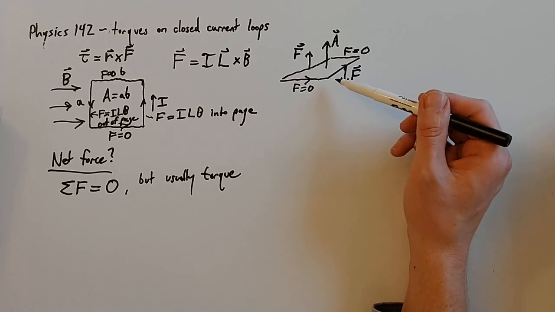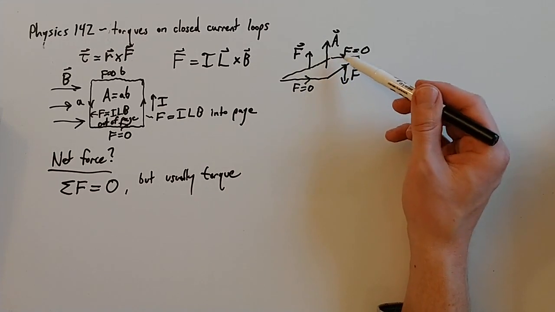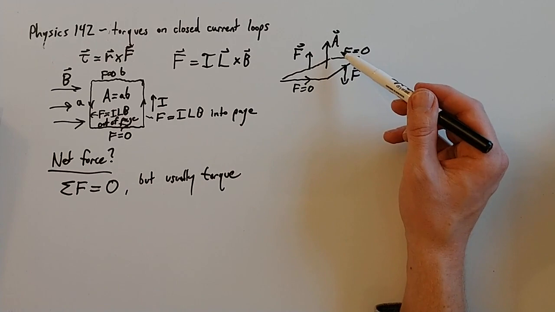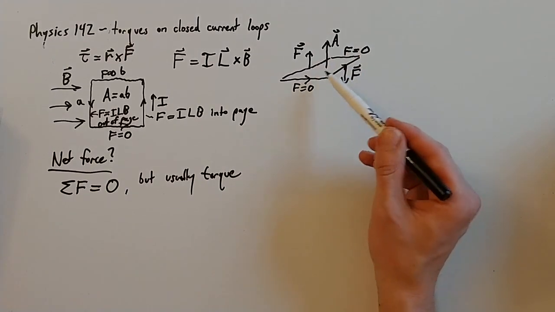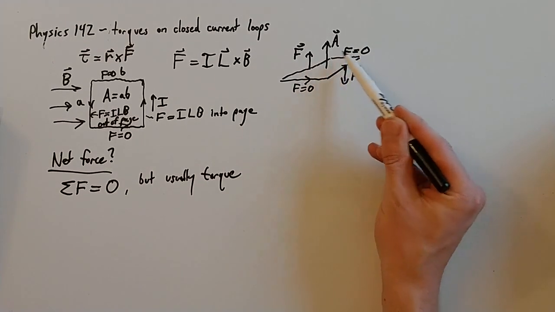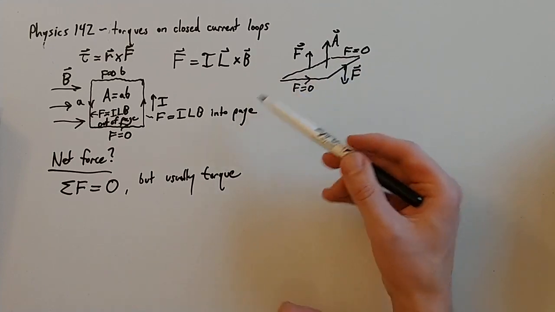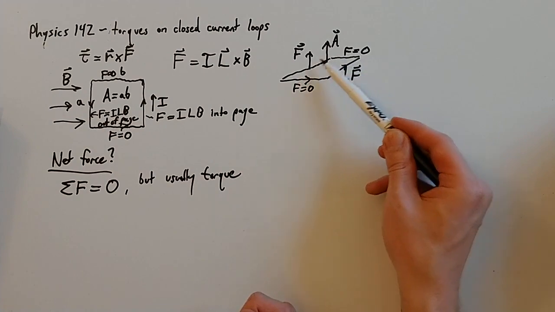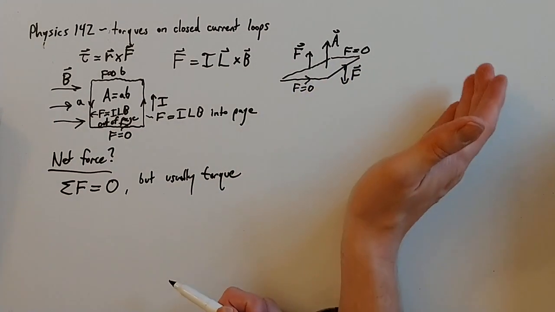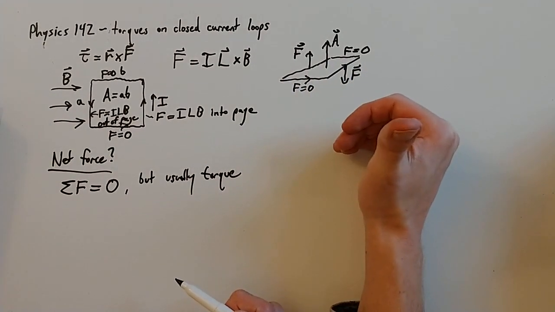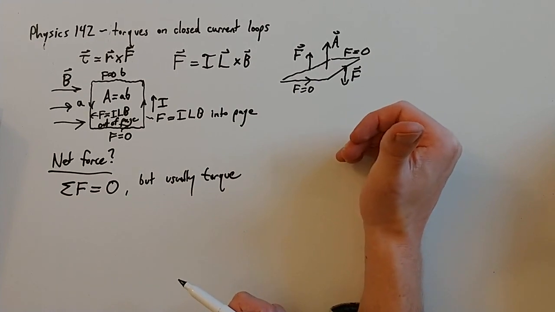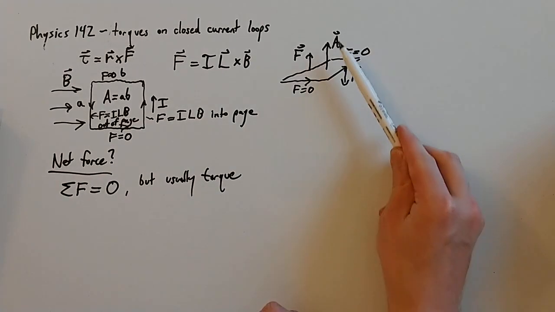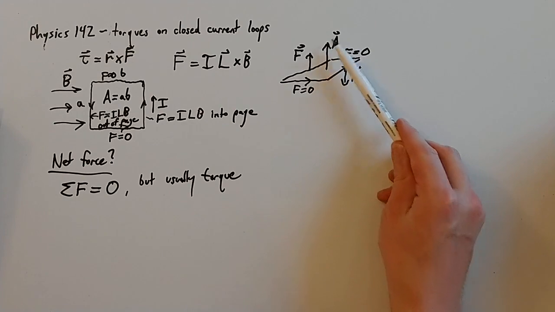For current loops, we always choose the direction of the area vector to be where your thumb would point if you curl your fingers in the direction the current's flowing. So here, the current is flowing counterclockwise. And if I curl my fingers in the counterclockwise direction, my thumb would point up out of the whiteboard. So the area vector here we're going to take to be in the up direction.